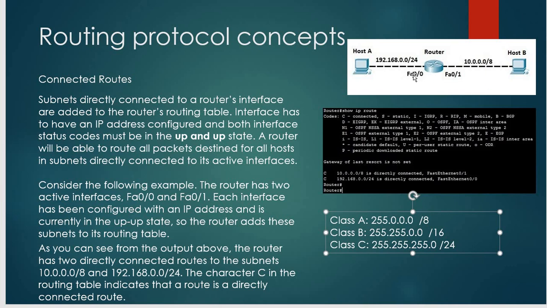Down here we have the interface, FastEthernet 0/0, and here FastEthernet 0/1. These are the connection interfaces of the routers. So why is this /8 and this /16? In between there are lots of numbers.